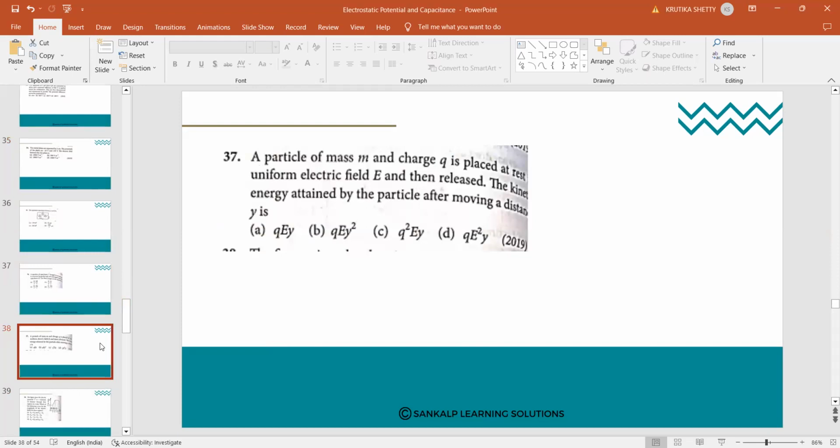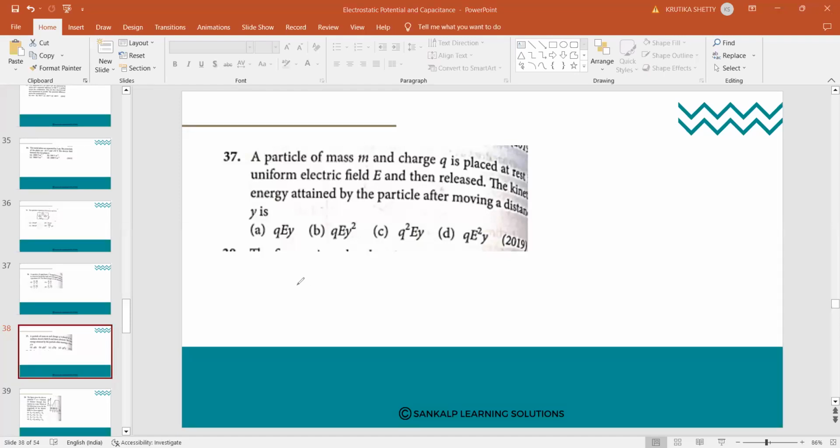Yes, the next question is: a particle of mass m, charge q, is placed at rest in a uniform electric field and then released. Then the kinetic energy attained by the particle after moving a distance of y is? I feel we have solved this one already.